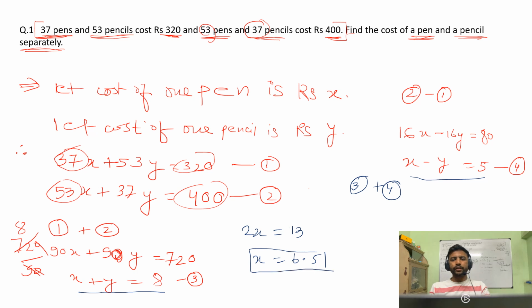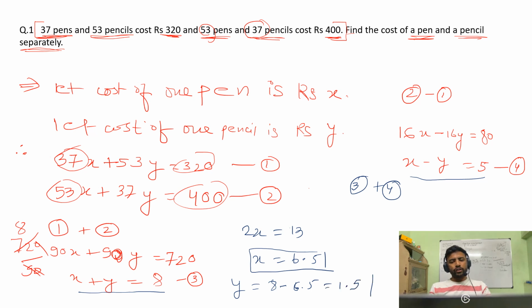What does it mean? It means the cost of one pen is rupees 6.5. Again, if I put the value of x in equation number 3, we will have y is equal to 8 minus 6.5, so it will be 1.5.